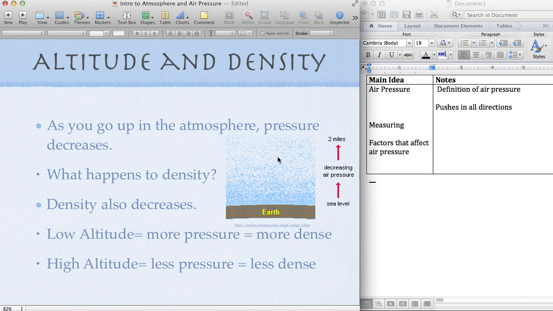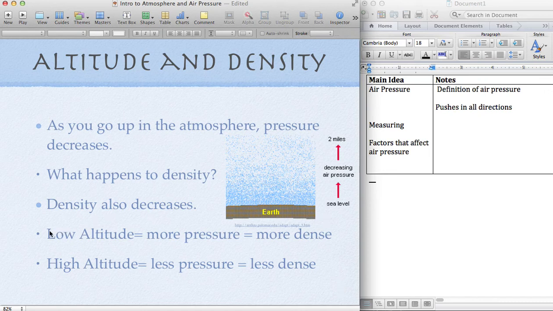Now your body will adjust over a couple days. So if you know you get altitude sick, if you take a couple days to get up to elevation, then you generally will feel a lot better. Whereas if you just fly in and go straight up to 8,000 feet, say Vail at 8,300 feet, you might get really sick. So that's altitude and density.